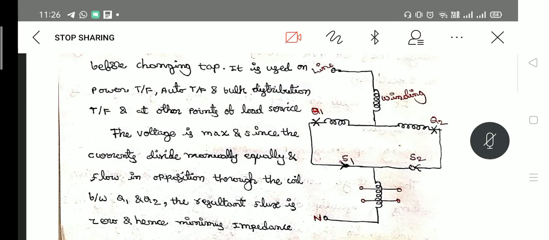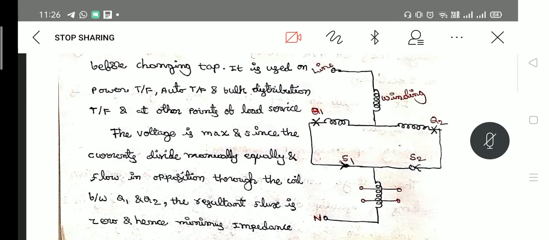The resultant flux is 0. To maintain the constant voltage, we follow the same steps in this circuit.